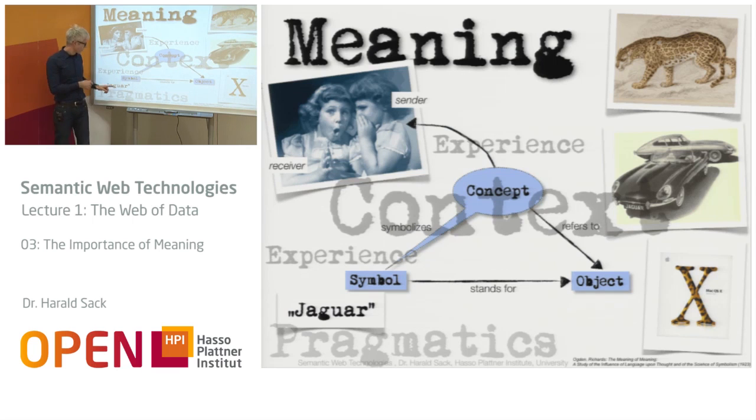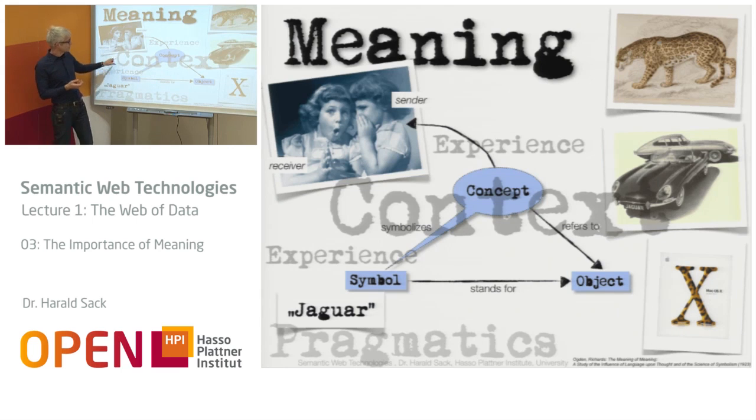So, when you hear the term jaguar, inside your head, some concept pops up that tells you what meaning is referred to by that symbol. And in the end, sender and receiver have to give sufficient information to disambiguate the semantics, to make it clear, to make it unique.